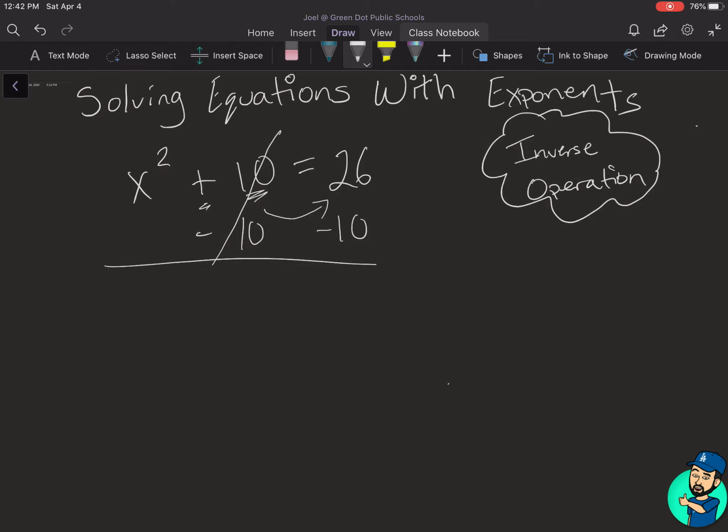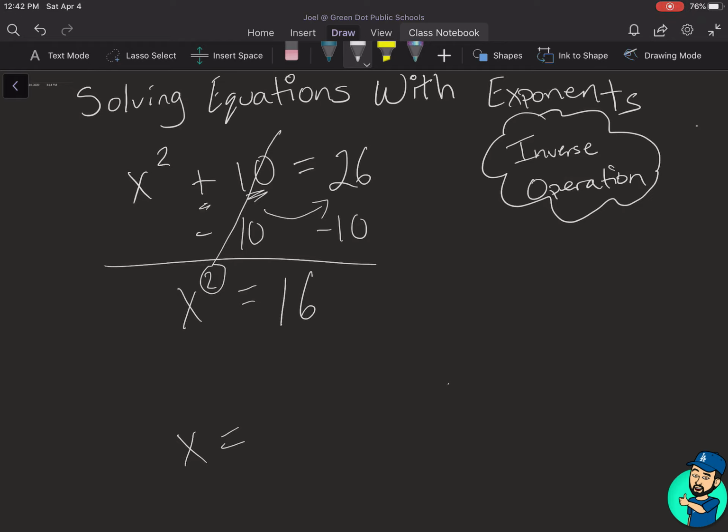Now we're left with x squared on the left-hand side of the equal sign, and 26 minus 10 equals 16. Now you're wondering, what about this exponent here? Yeah, you're right. We don't want to know what x squared equals. We want to know what x equals. To get rid of a squared or an exponent, you need to do this.